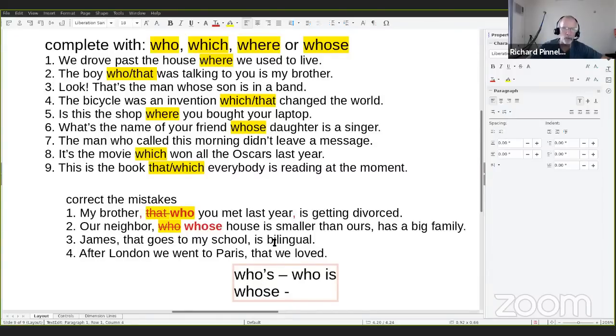James that goes to my school is bilingual. What's the problem? James that goes to my school is bilingual. Yeah, that's okay, Maria.